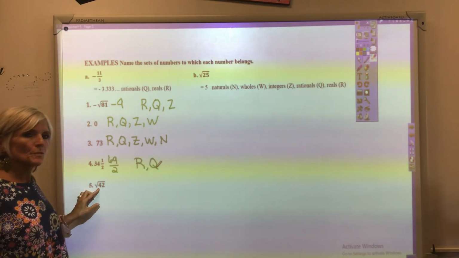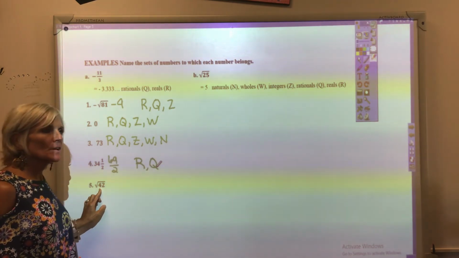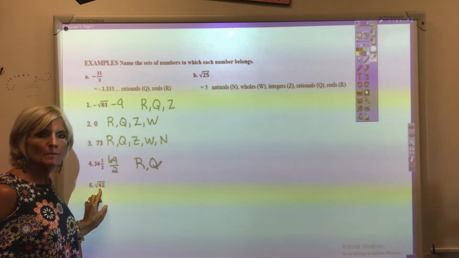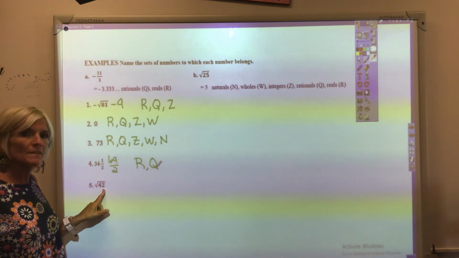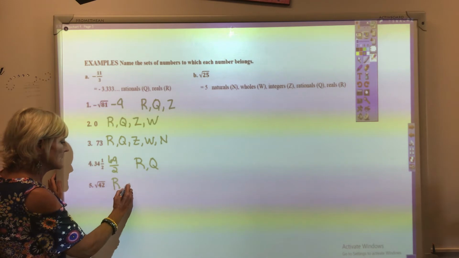And then the square root of 42, I would recommend putting that in the calculator, and when you do so, you will realize that it is a non-terminating, non-repeating decimal. So this is our only example of an irrational number. It is real, but it is irrational.